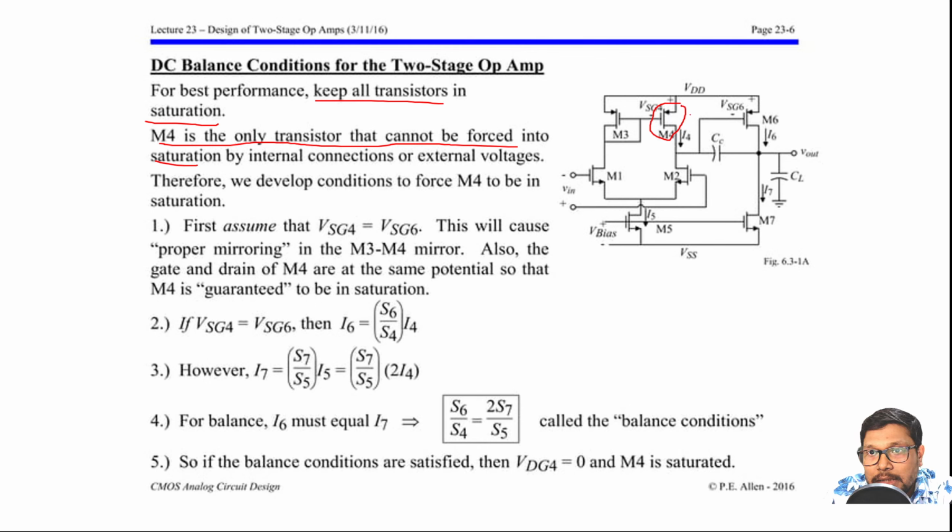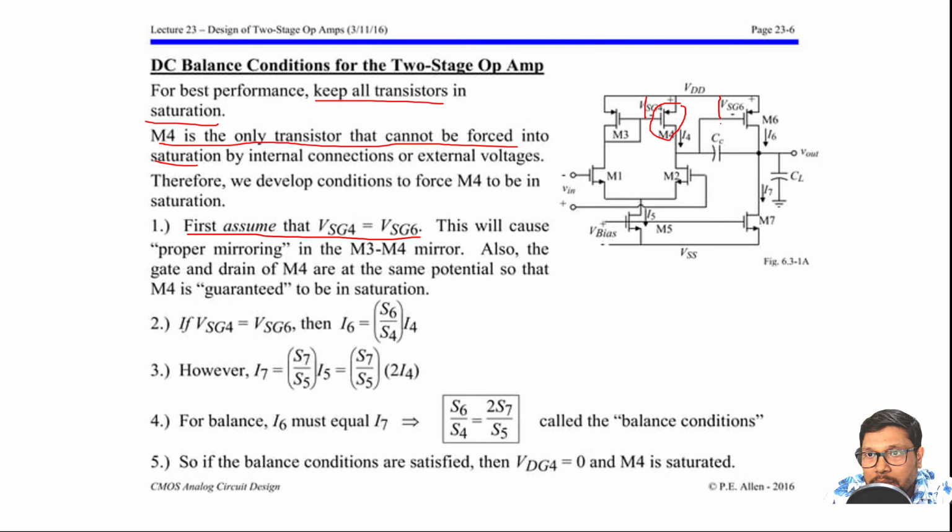We need to make M4's VSD more than its VSG. So first you can assume that VSG4 equals VSG6. This will cause a proper mirroring of M3 and M4. Okay, M3 and M4 can be a proper mirror if this happens.